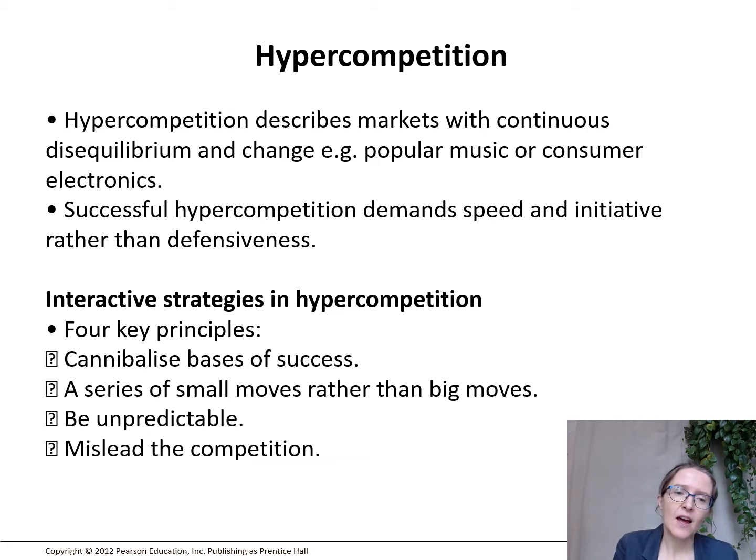So organisations operating in this kind of hyper-competitive sphere have to have interactive strategies. And these four key principles are things such as cannibalising the basis of success, a series of small moves rather than big dramatic ones, being a little bit unpredictable, and misleading the competition.